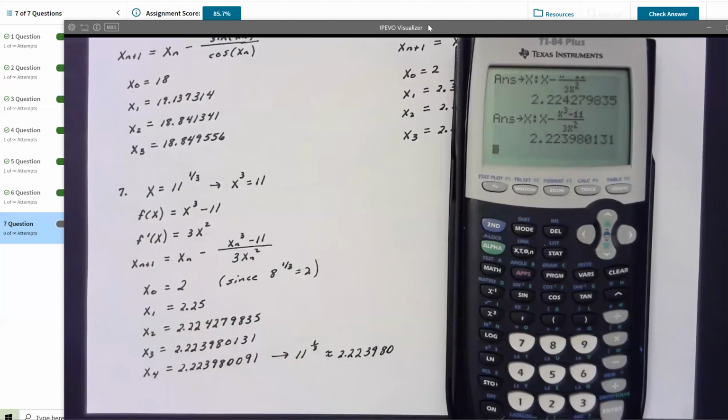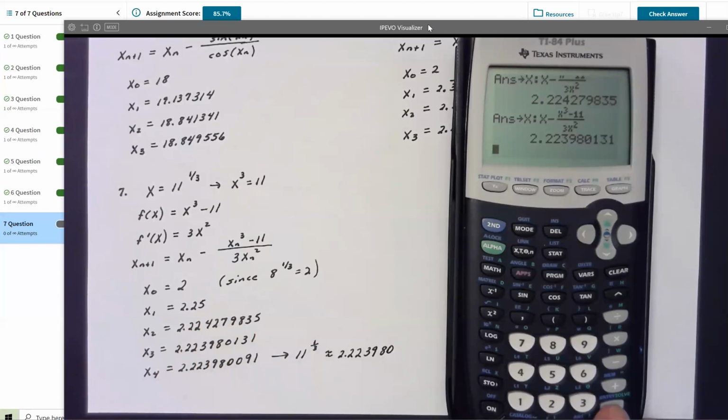So I keep going. I get the third refined guess, the 2.223980131. And at this point, between the second refined guess and the third refined guess, I would be guaranteed 2 decimal place accuracy because they repeated up to 2 decimal places. I had the 2.22 in both problems, but then after that it varied.